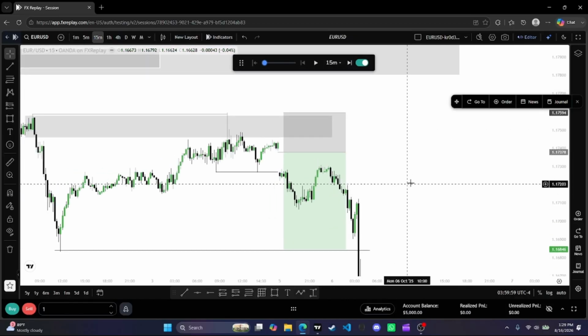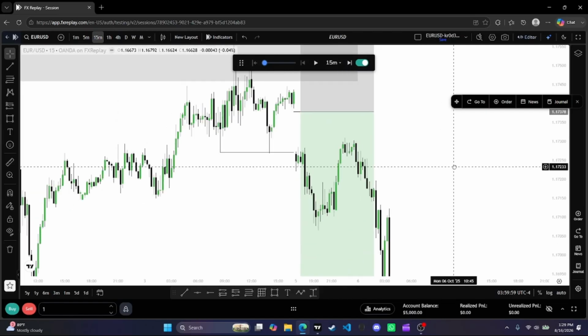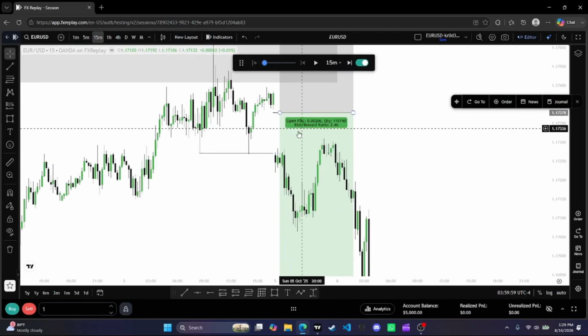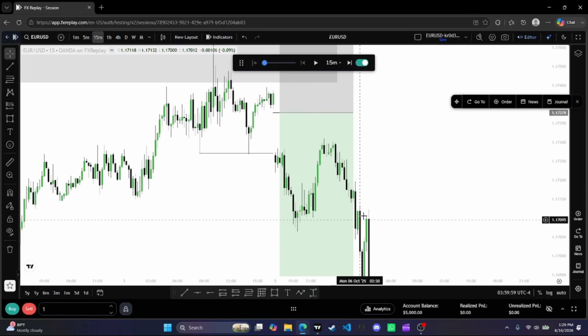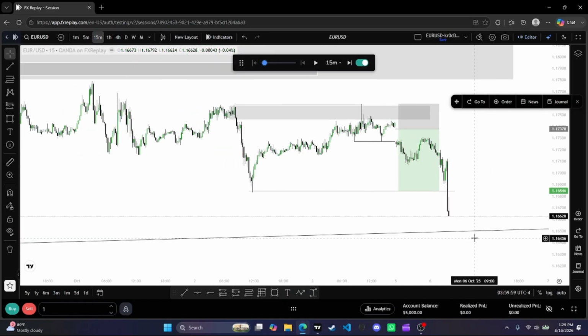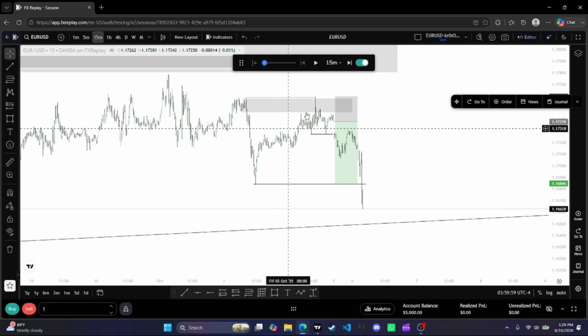So price doesn't tap our entry, but we will still like to take it over here because this has an opening gap which is generally considered to be filled. And if it doesn't fill, we generally miss the trade, but we still have chances to take it in future.